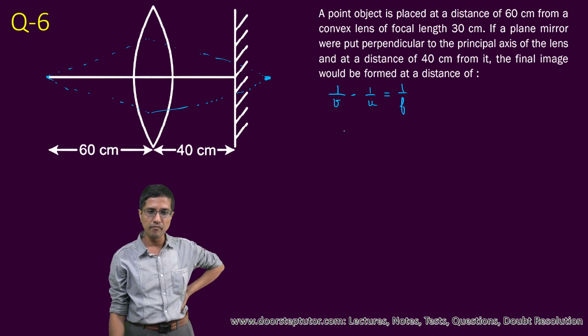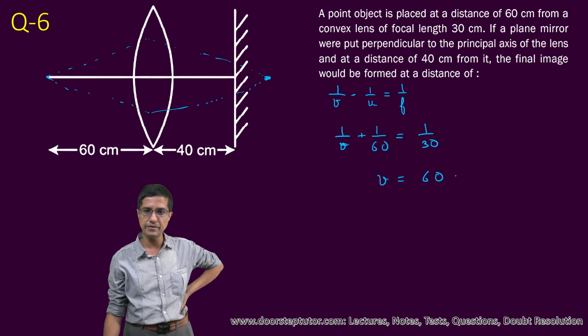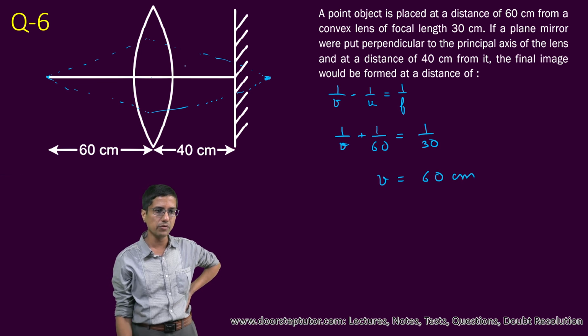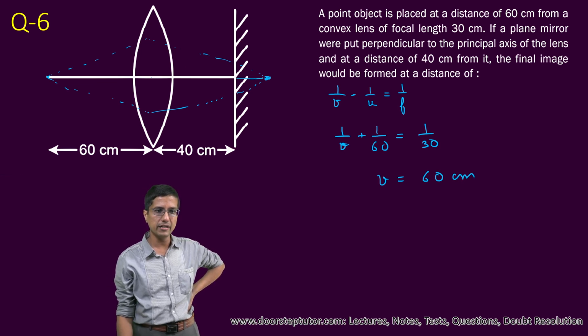So 1 by v is what we need to find out. 1 by u, using the sign convention appropriately, is equal to 1 by 30. If you solve this, v comes out to be 60 centimeters. So the image is formed 60 centimeters from this lens in the forward direction.